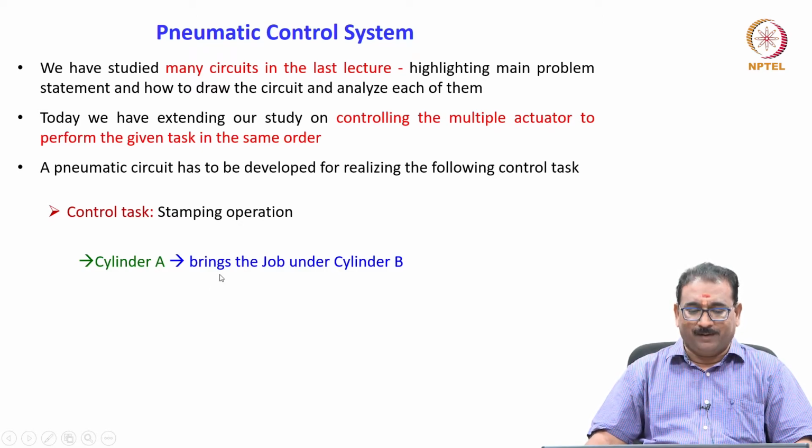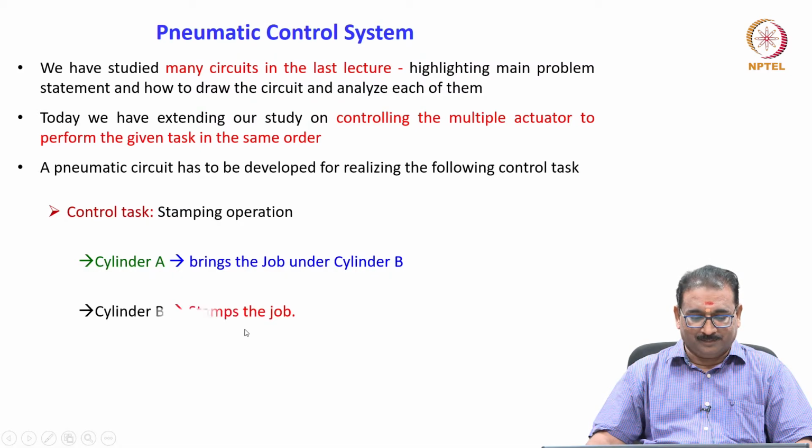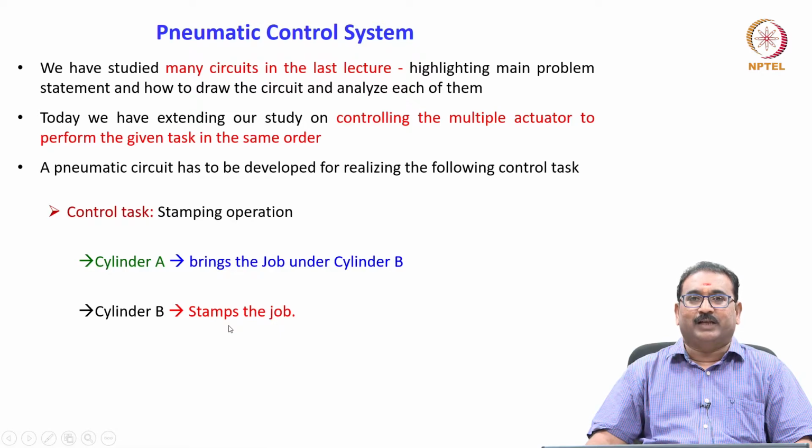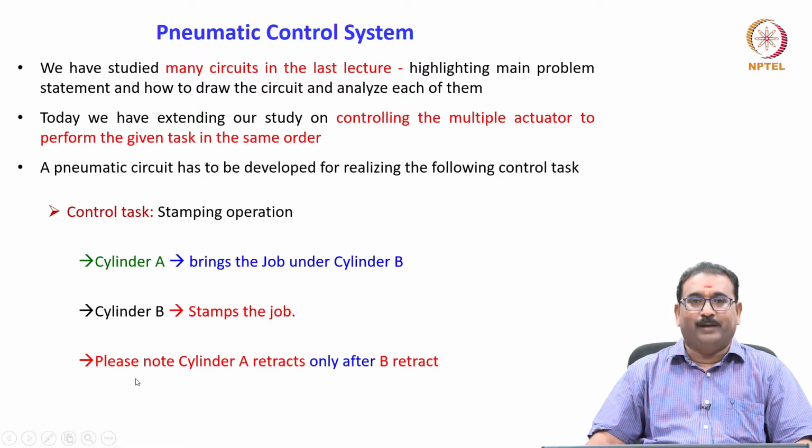Cylinder A brings the job or workpiece under cylinder B. Cylinder B stamps the job. Please note, cylinder A retracts only after B retracts. This is a condition.